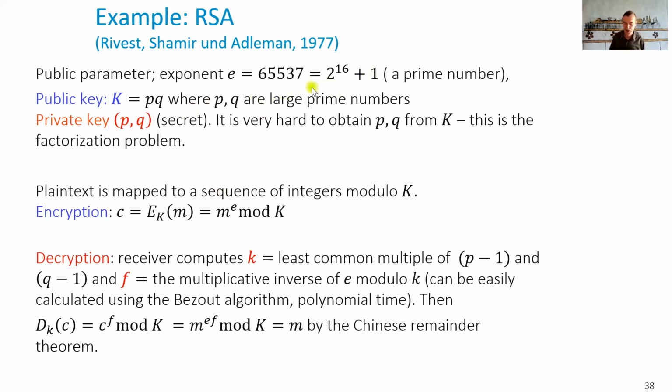The form of this number is an optimization because, as you will see, you will need to compute things like m to the power e. Exponentiating something that's a power of 2 is done in a number of steps that is of the order of the exponent and not the number itself. Because if you square something, then you obtain the power 2. If you square it again, you obtain the power 4.